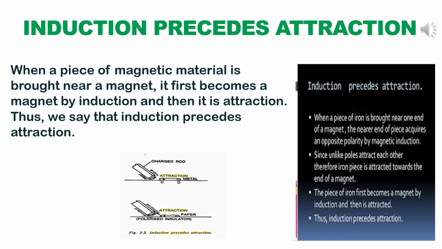Thus, induction precedes attraction. So, when a magnet is brought near a magnetic substance, the magnetic substance gets magnetized due to induction, and opposite polarity to that of the inducing pole is developed at the nearest end, and as a result, attraction takes place between them. So, induction precedes attraction.